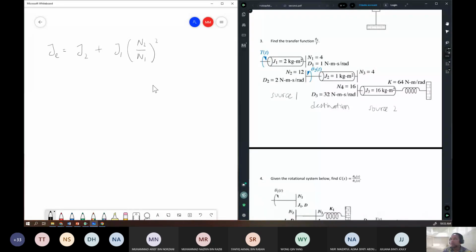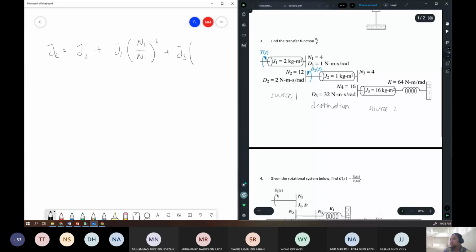Don't forget the square. And then we have J3, from shaft number 3. So we have to multiply with the gear ratio squared, plus J3.